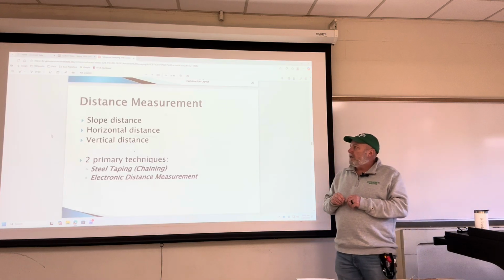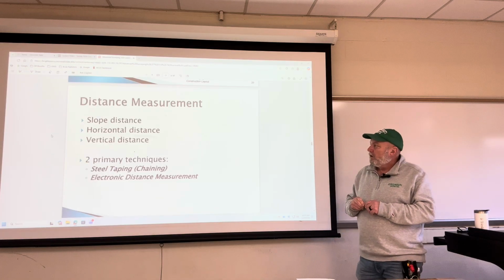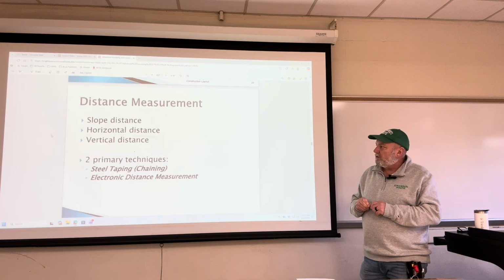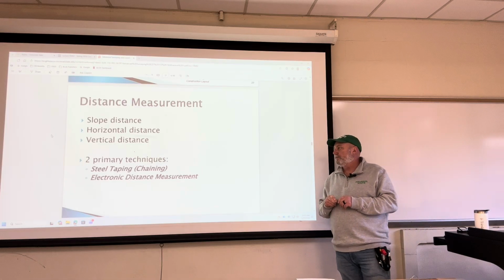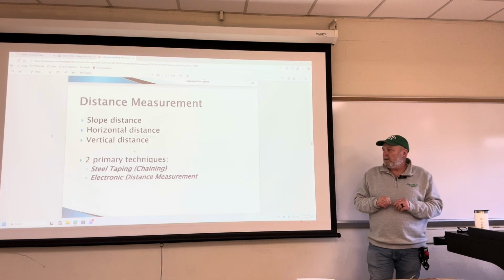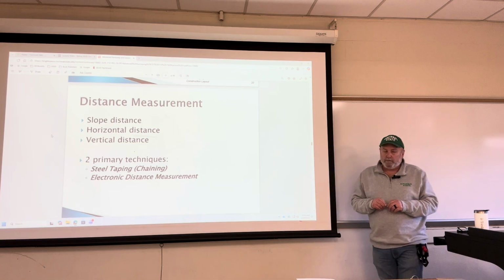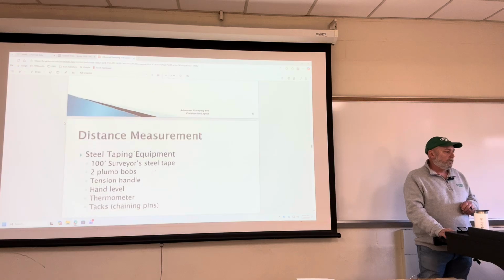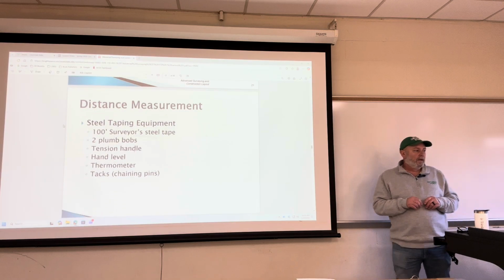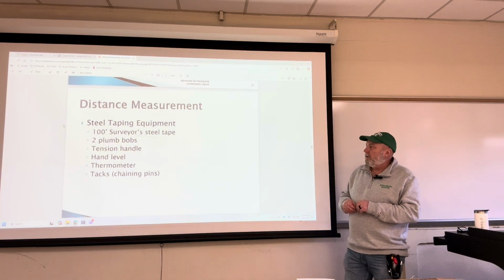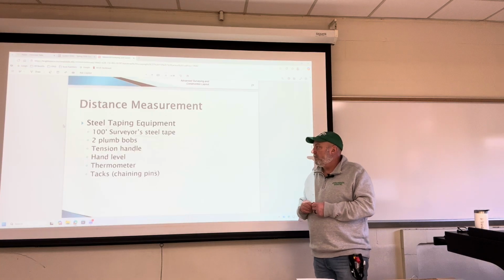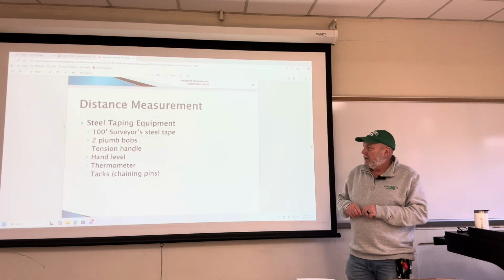So when it comes to distance measurements, we have a slope distance, horizontal distance, and vertical distance. And the primary techniques we use for those are steel taping, or we still say chaining, and your total stations. When you're pulling a steel tape, you probably have a 100-foot steel tape.